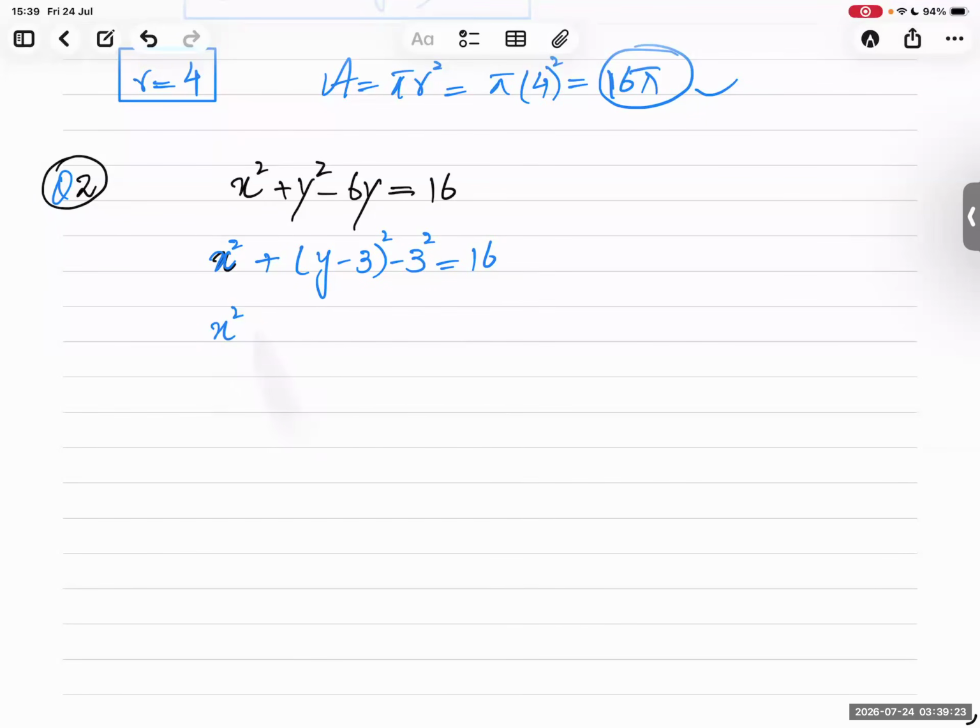So x square plus y minus 3 square is equal to 16 plus 9, making it 25, right? So x square plus y minus 3 square is equal to 5 square.